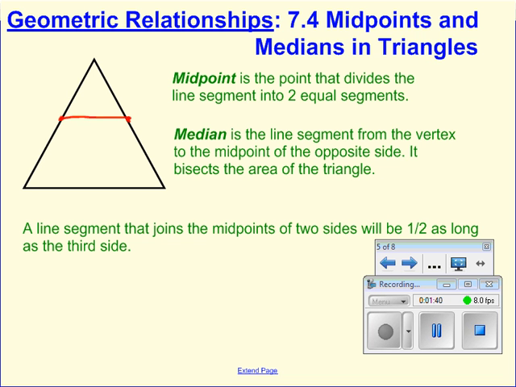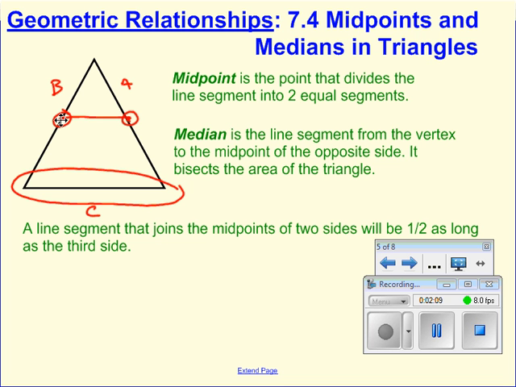And this creates a relationship between these two midpoints, 1 and 2, and also the line opposite to it, this third line. So the midpoint for line A and B, and then I have line C down here.